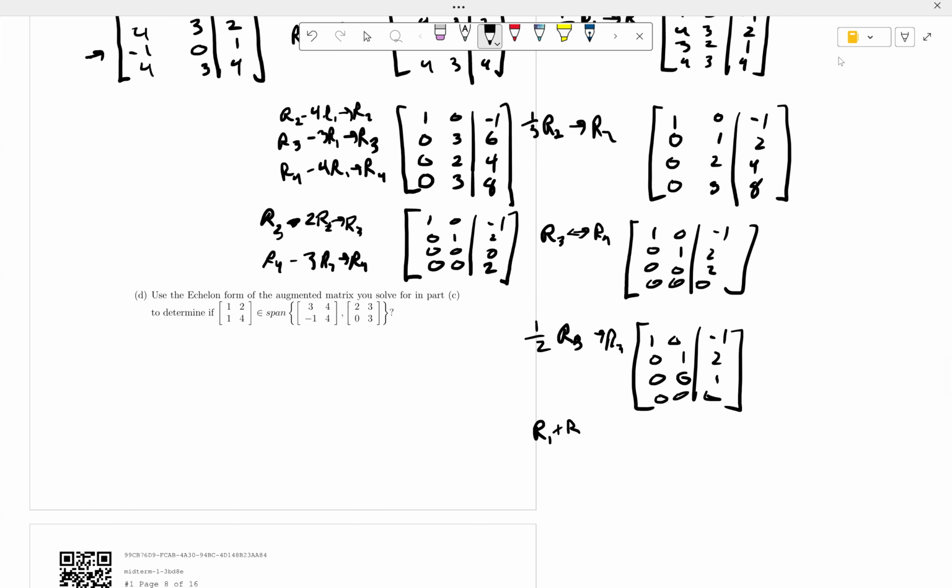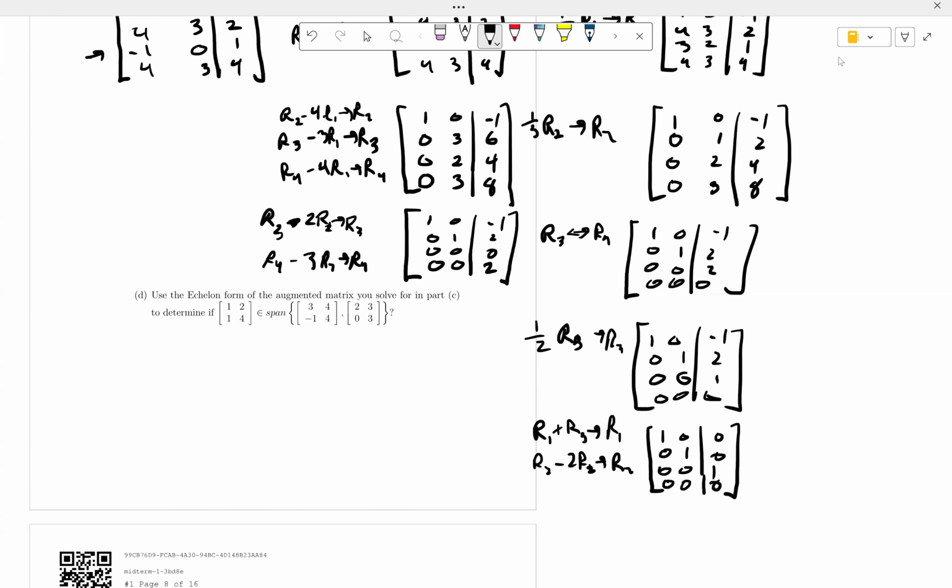R1 plus R3 replacing R1, and R2 minus 2 R3 replacing R2, gives the matrix 1, 0, 0, 0, 1, 0, 0, 0, 1, 0, 0, 0. And this is our echelon form.